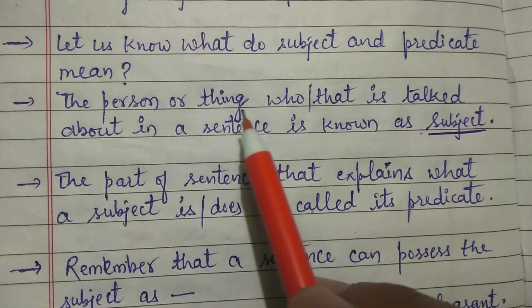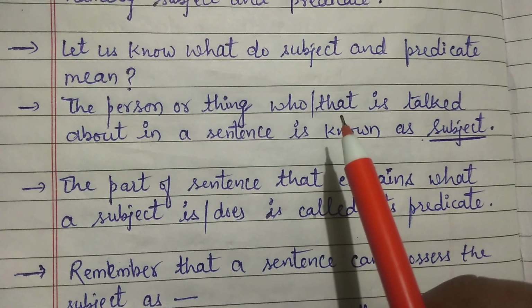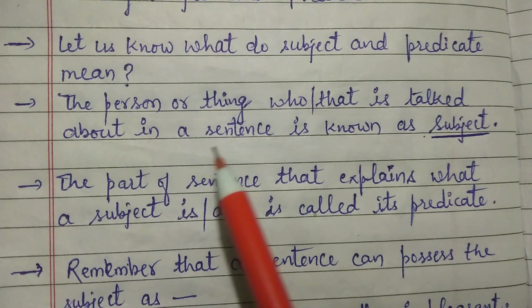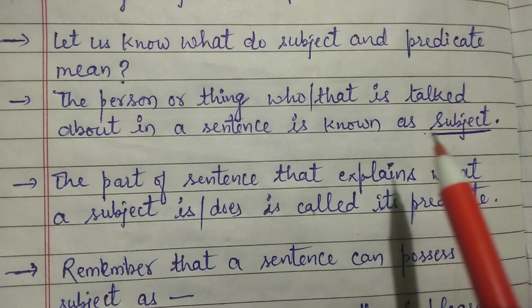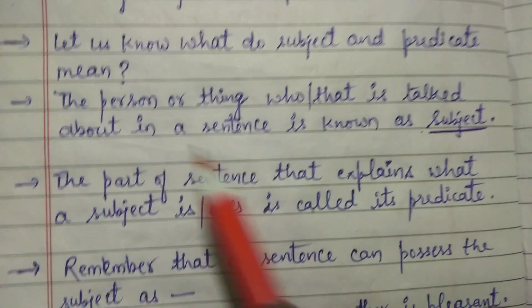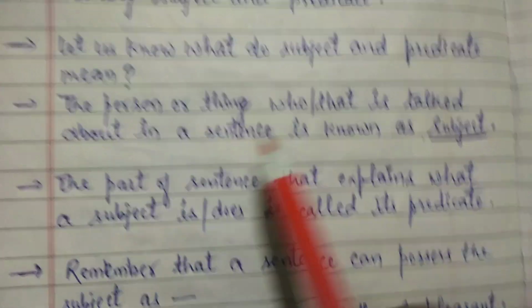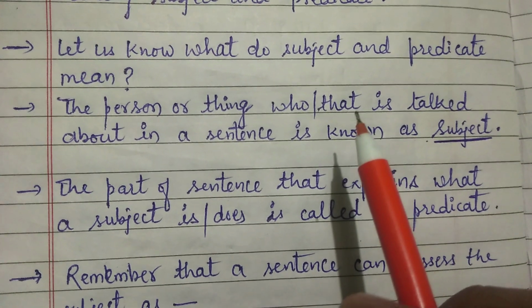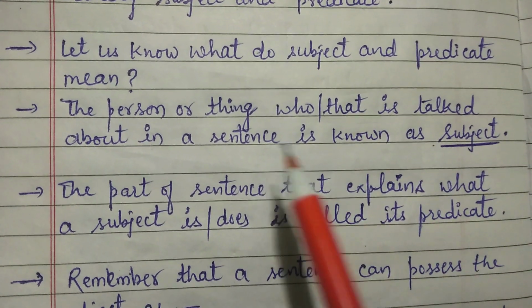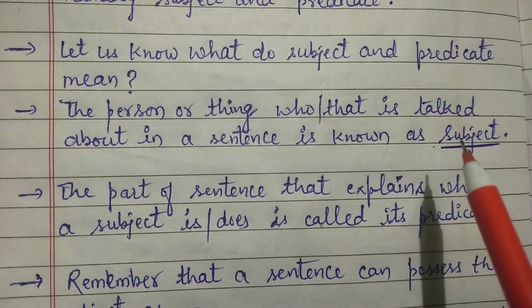The person or thing who or that is talked about in a sentence is known as the subject. We must know that the person who is being talked about in a sentence, or the thing that is talked about in a sentence, is called the subject.